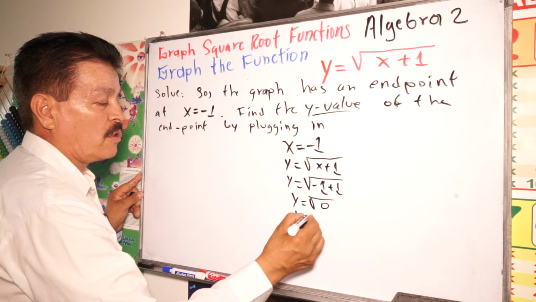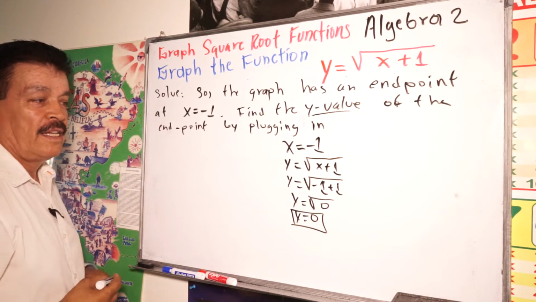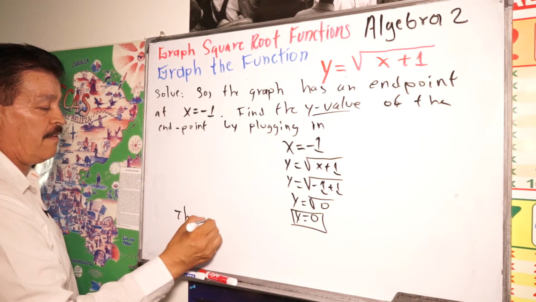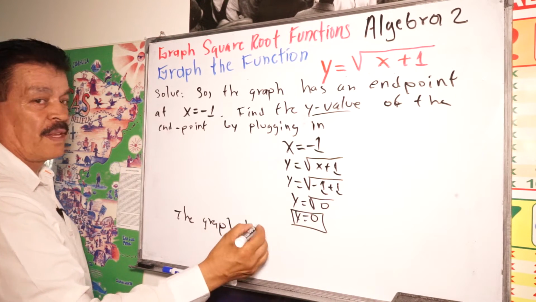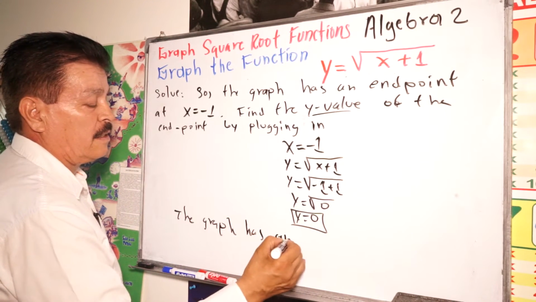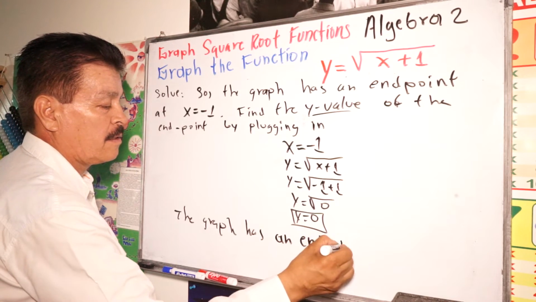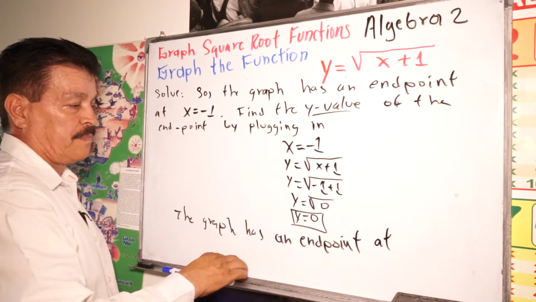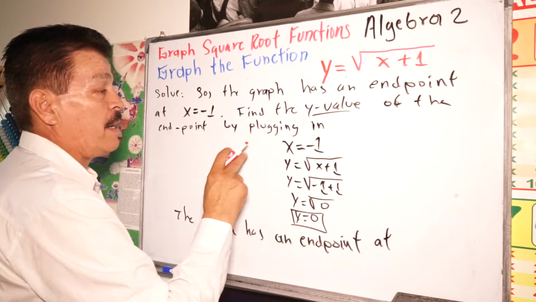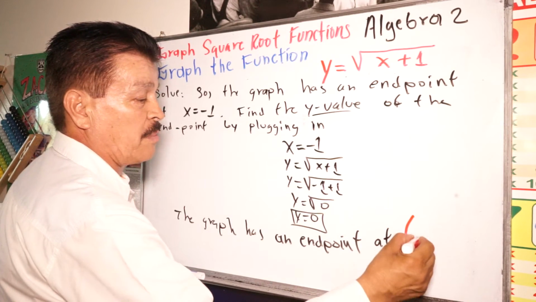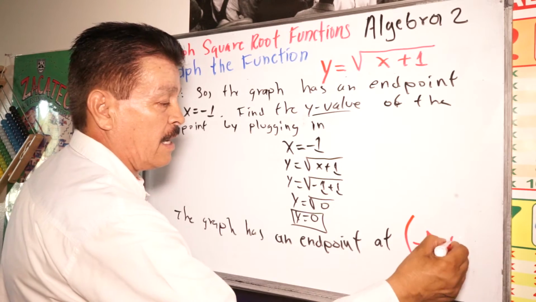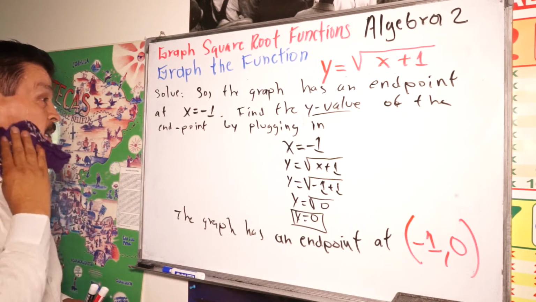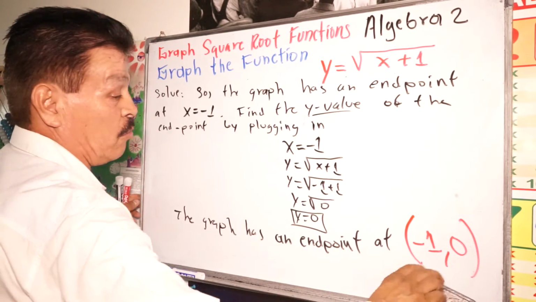So the y value is equal to 0. So the graph has an endpoint at -1 and 0. Right? Keep this point in your mind. Let's continue to the next step of our problem.